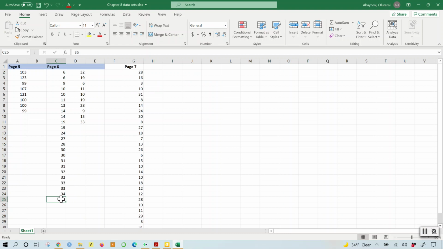This time, I'm going to select from the bottom, counting until I get the 6 largest values. I can see my count is 6, and the average is 33.167.